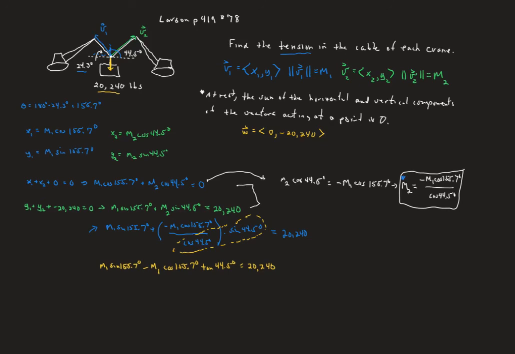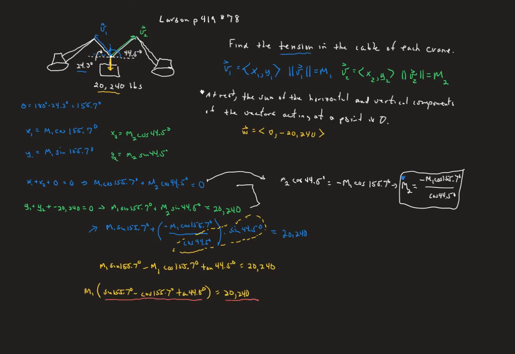We look at that left side and we see we have a common factor of m1 that we will factor out, and so that will leave behind the sine of 155.7 minus the cosine of 155.7 tangent of 44.5 degrees equal to 20,240. We're almost there. We're going to divide by all of this stuff.